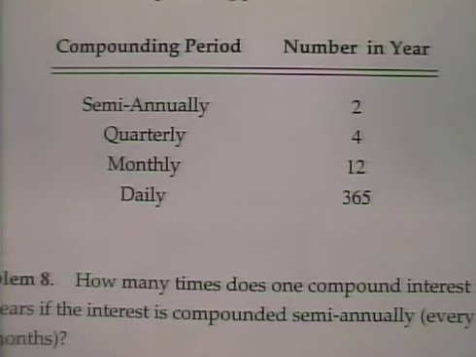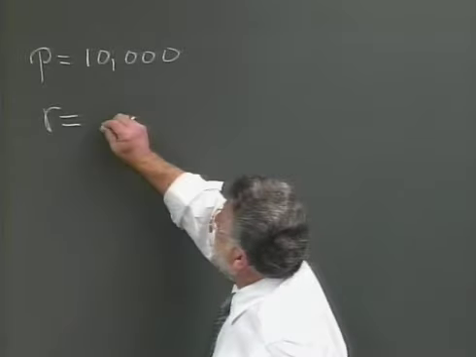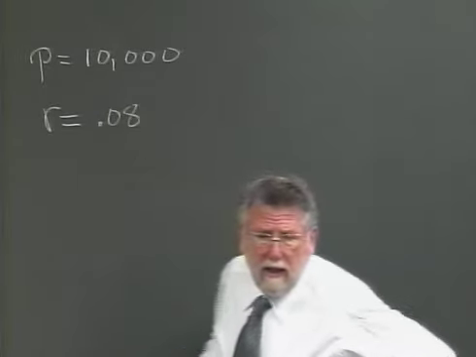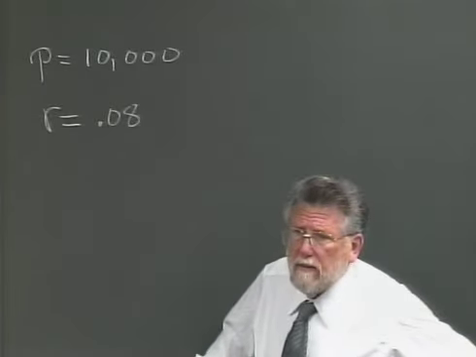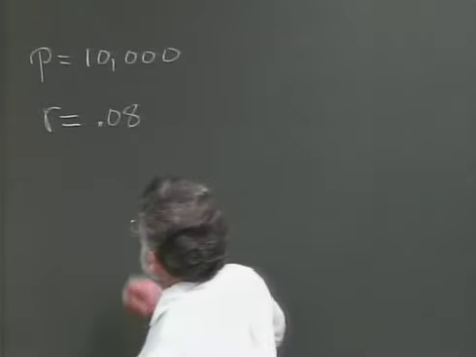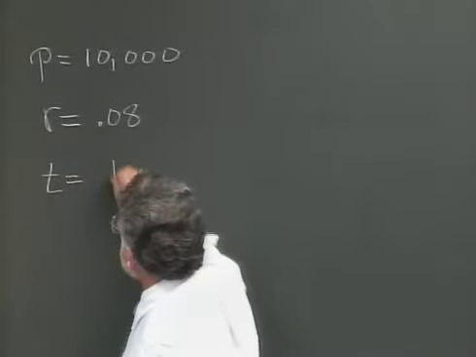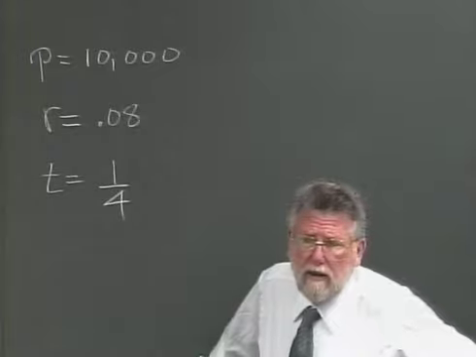I'll wait for Will to catch up with me here. R is going to be 8% because I want to look at this problem if we do it for a year, but we do it daily. But for the moment, you're going to need your calculator here. The rate of interest is 8%, and we're doing it every 3 months, so that means T is 1/4 of the year.